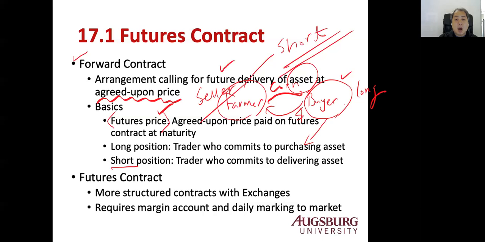So it's not like an option, as we saw in chapters 15 and 16. An option contract gives one party, the option holder, priority to make a decision. With a futures contract or forward contract, both parties have the same commitment. There's no decision maker. They should keep the promise.